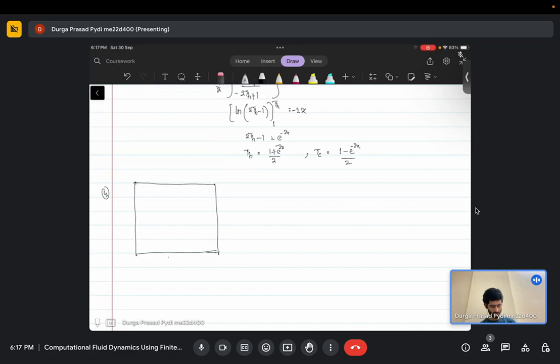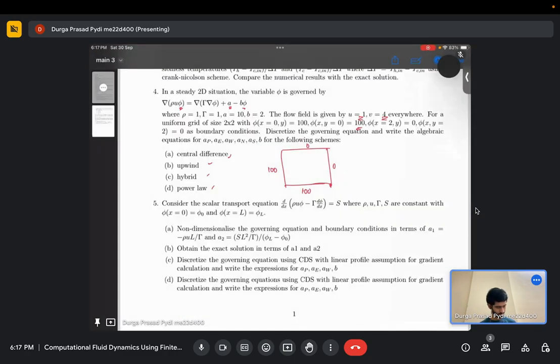So you have phi as 100, 100, 0, 0, and your equation is... A is given as 10, B is given as 2, gamma and rho are 1.